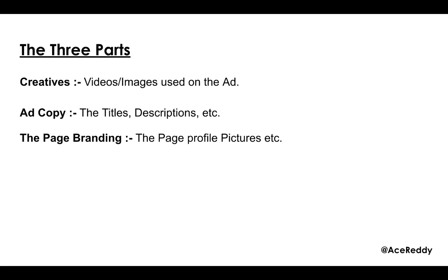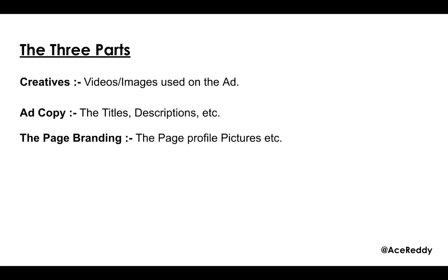So we've got the creatives, which are the videos and the images used on the ad; the ad copy, which is the titles, the descriptions, the copywriting that you write on the ad; and then you have the page branding, which is a profile picture of the page and the name of the profile, because this does affect things. When you're scrolling through Facebook, you're most likely going to stop, but then you're also going to look at who posted it.